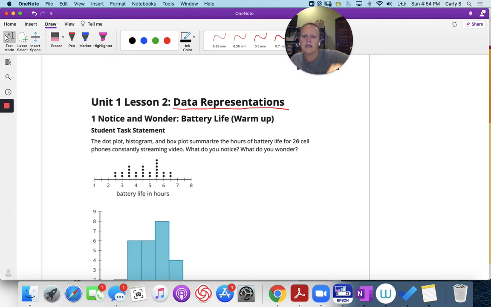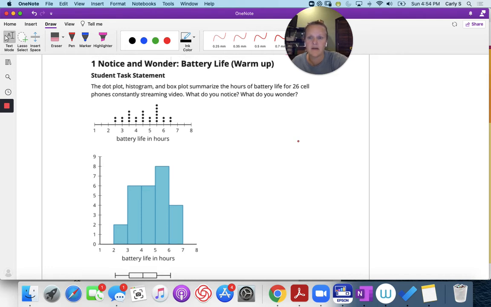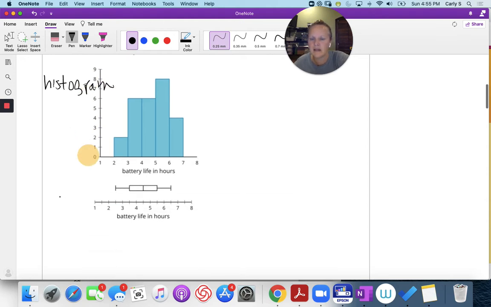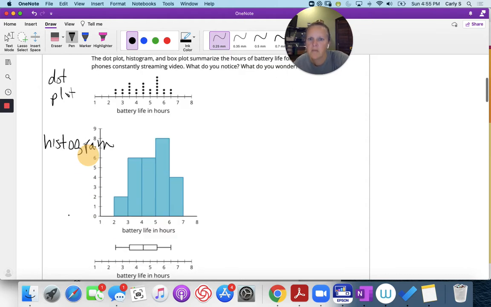So if we look here, it says battery life. The dot plot, this right here is a dot plot. The histogram, and the box plot, so how they label it, box plot.